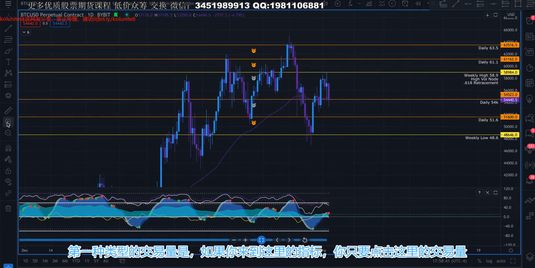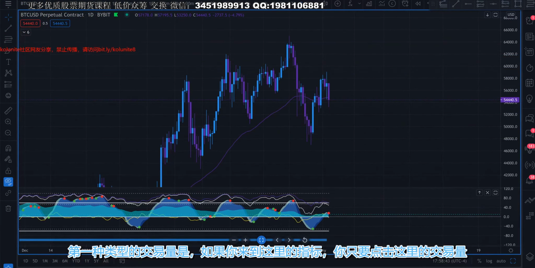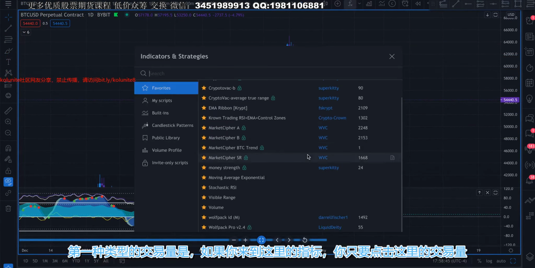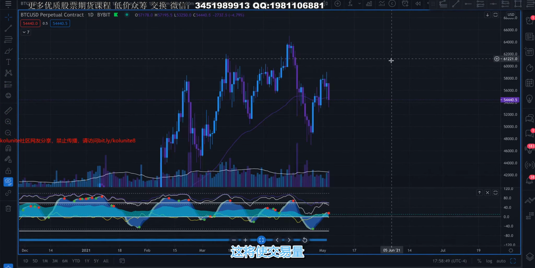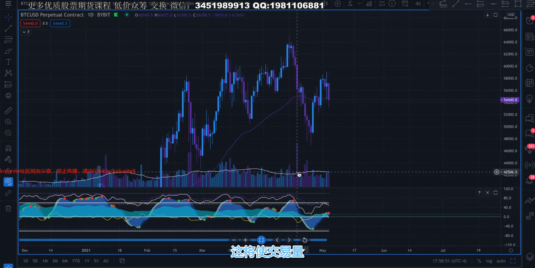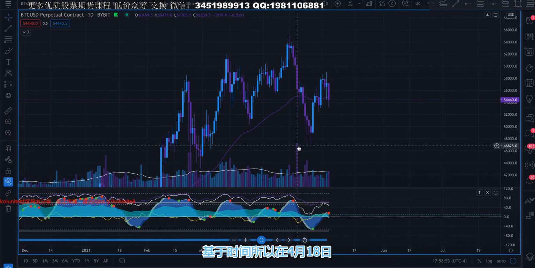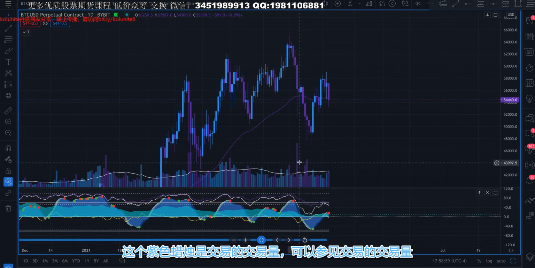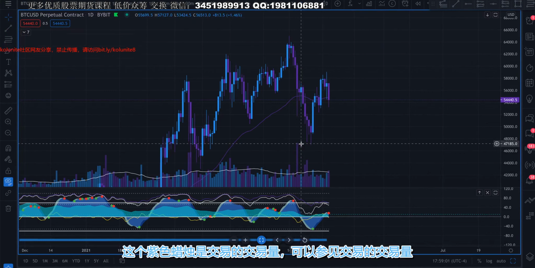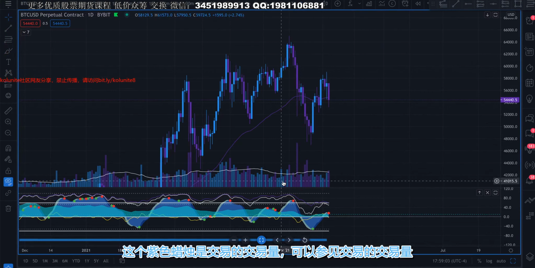The first type of volume is if you come up here to indicators and you just click volume right here. This will put volume that is traded based on the time. So on April 18th, this candle down here, this purple candle, is the amount of volume that was traded.